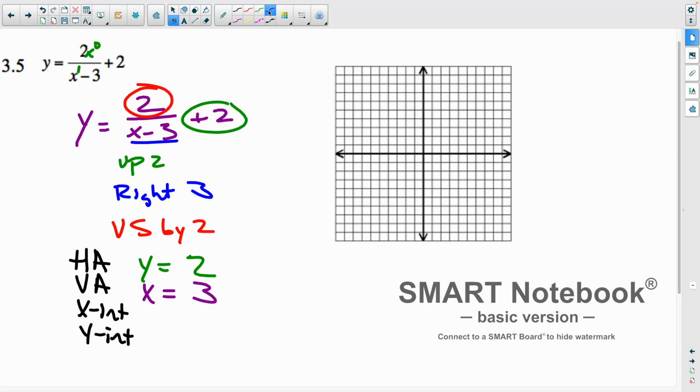My y-intercept's still pretty easy, but there's just a little bit of an extra step. Because if I was going to do a y-intercept, I'd plug 0 in here, and I would have 2 over negative 3, but then I also have to add that 2 to it. All right? So negative 2/3 plus 2, you could call that 1 1/3.